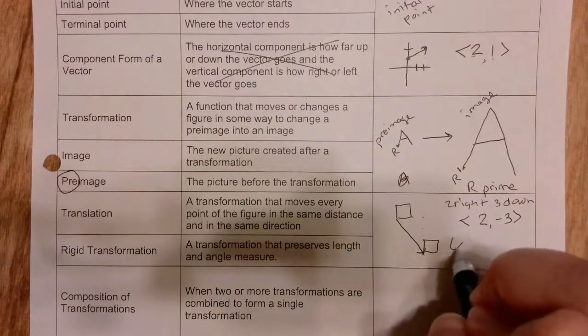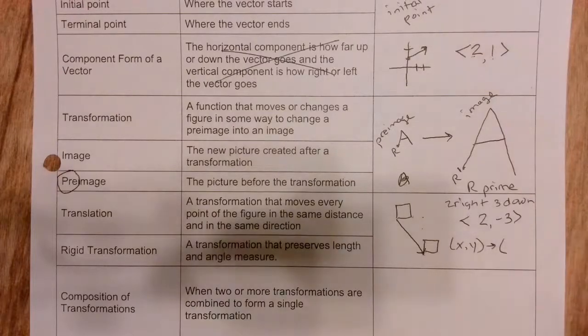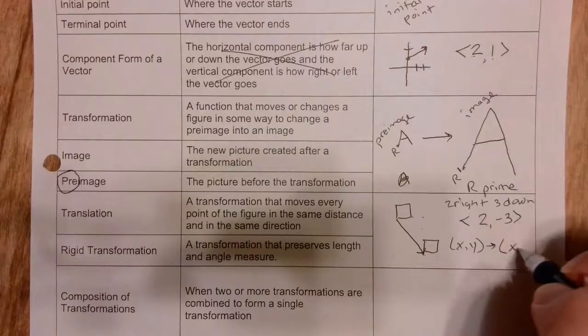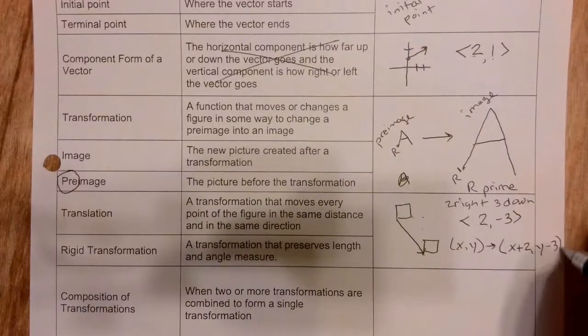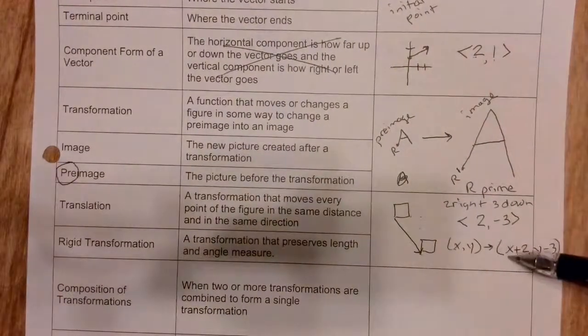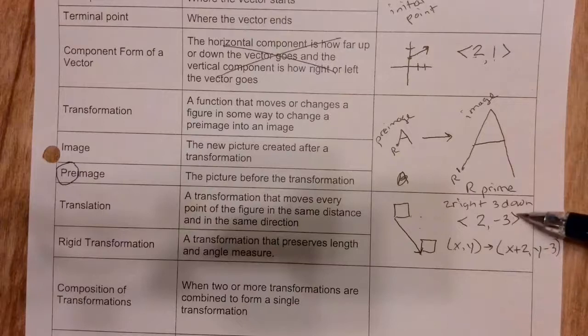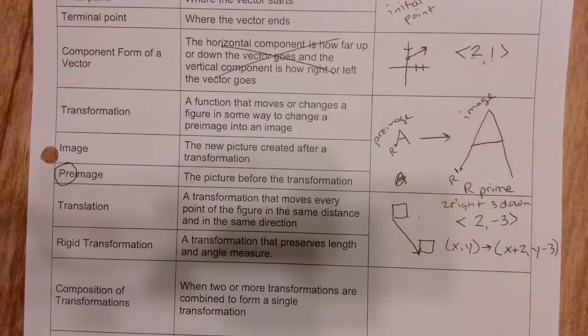We could also, though, say that every x and every y was changed by adding 2 to the x and subtracting 3 from the y. These two notations are the same notation. This is just the vector form, and this is using the rule.